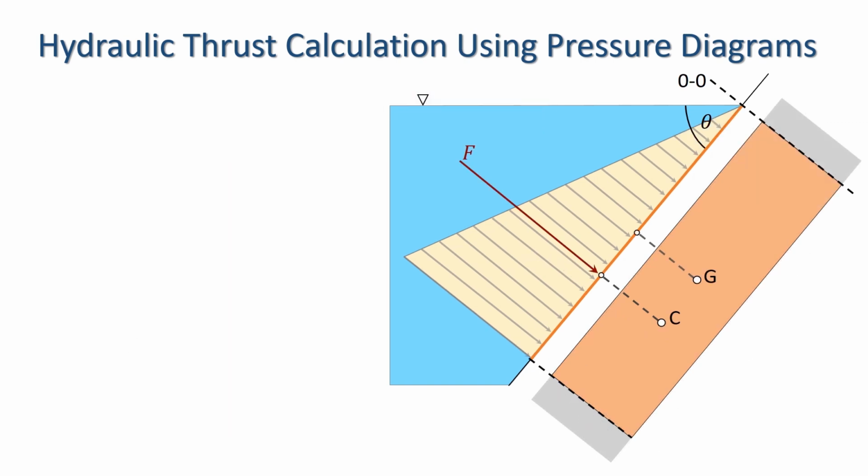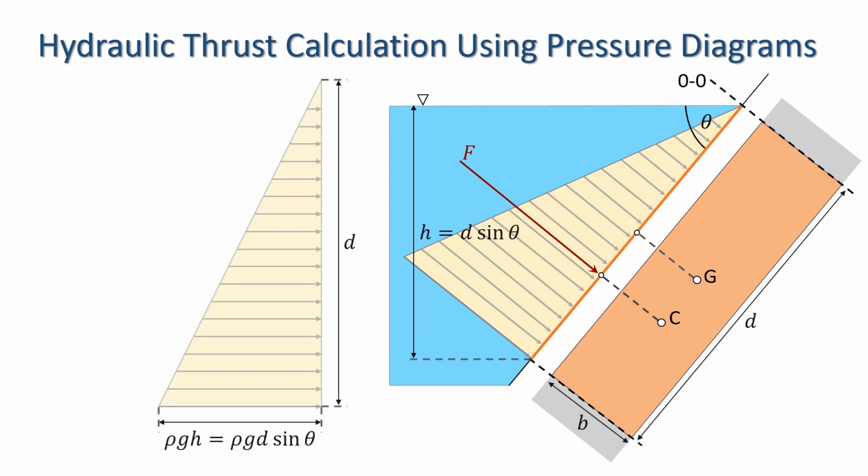Often, we have pressure diagrams that go all the way to the free surface of the fluid. In this case, the calculations are simple, since we know that the centre of gravity is halfway down the surface, and, since the centre of gravity of a triangle is 1/3 of its height from the bottom, we know that the centre of pressure will be 2/3 of the way down the surface. If we look at the pressure diagram in this case, it's a triangle, with base length ρg d sine theta and height d.